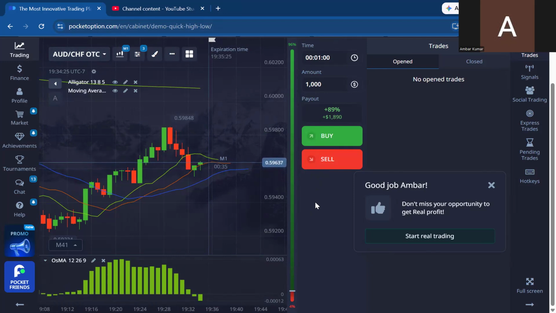We don't want a green candle and a negative green candle at the same time. We want to see a red candle and a green candle below the zero line.